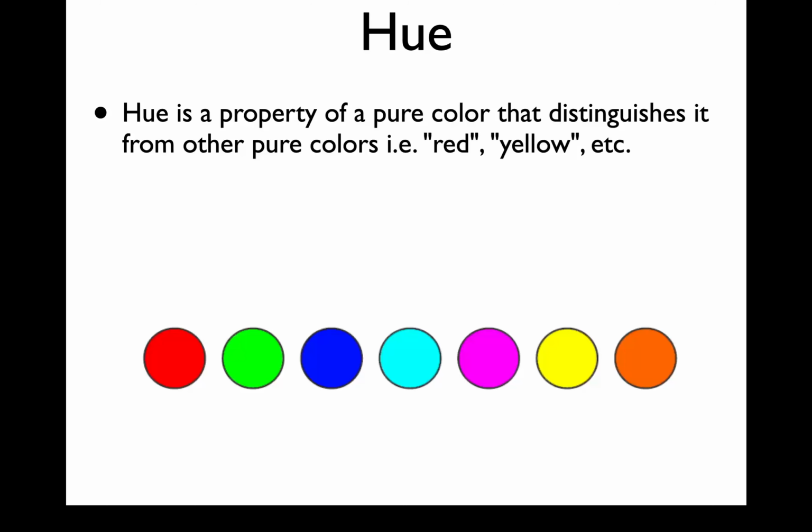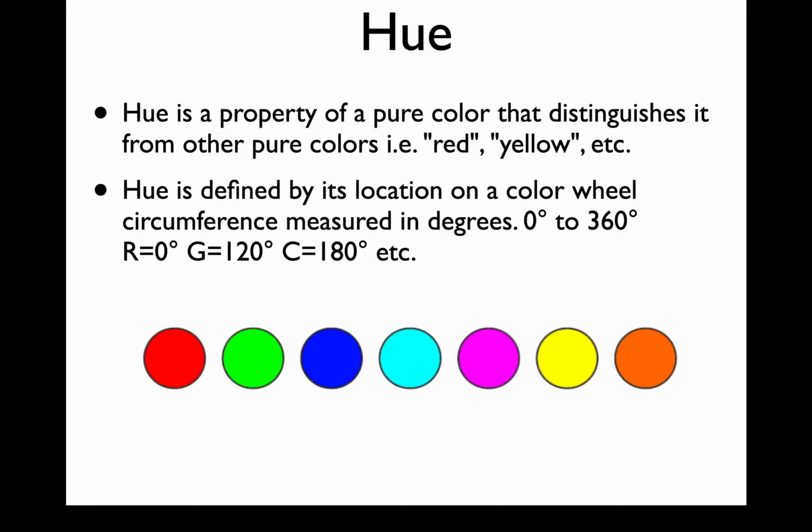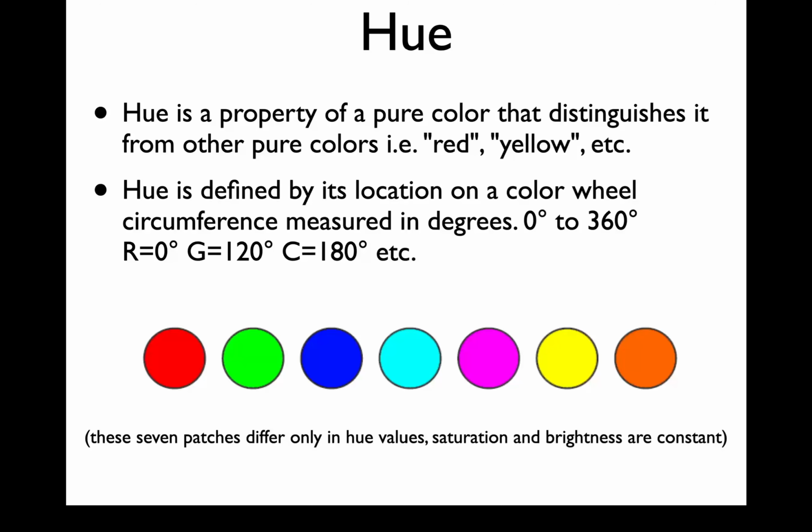If you take a look at these 7 little patches running along the bottom, they happen to be red, green, and blue, then cyan, magenta, yellow, and an orange, just because it's not only the primaries. But it's defined by the location on the color wheel. We'll take a look at a color wheel in just a second.